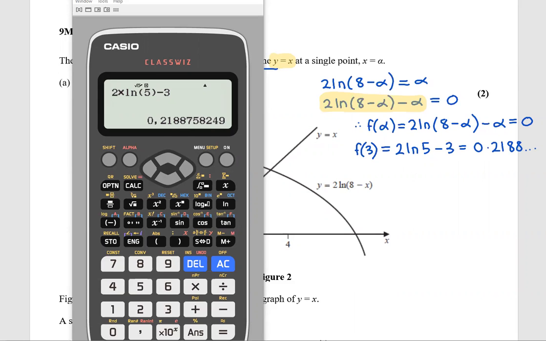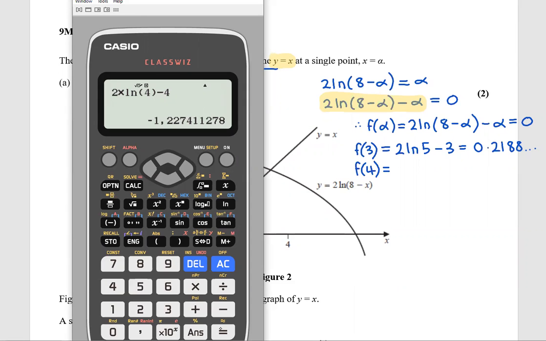The next value we have to test is 4. If I plug in 4, I'm just going to edit what I've just done. So I'm just going to delete that. I'm going to take off 4 instead. And if I do 8 subtract 4 inside the logarithm, that's going to give me 4 there.